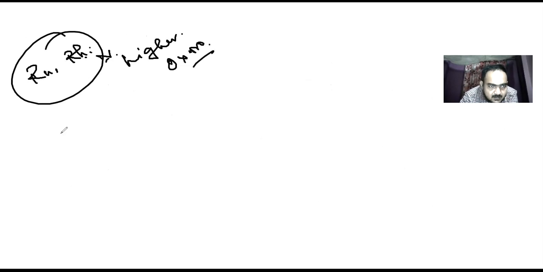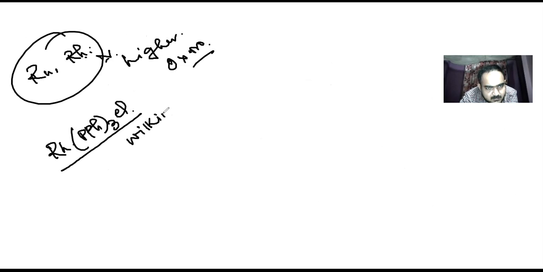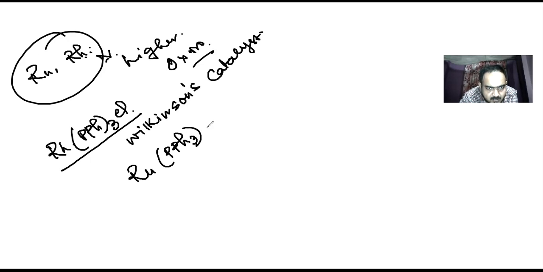You can see here this is the Wilkinson's catalyst. Again, you can see Ru(PPh3)3ClH.